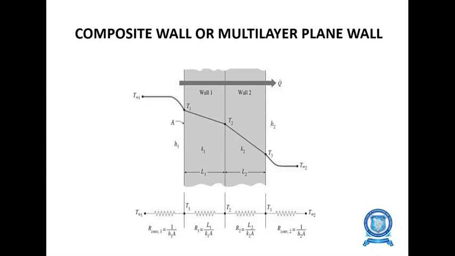If both thermal conductivities are the same, we cannot consider this a composite wall.